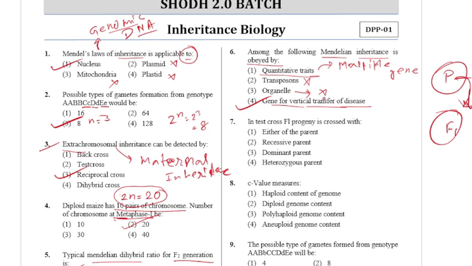And another term we know is horizontal transfer of DNA, which we can find in conjugation, transduction or transformation, the sexual reproduction of bacteria. So this is the only option where we can find Mendelian inheritance.